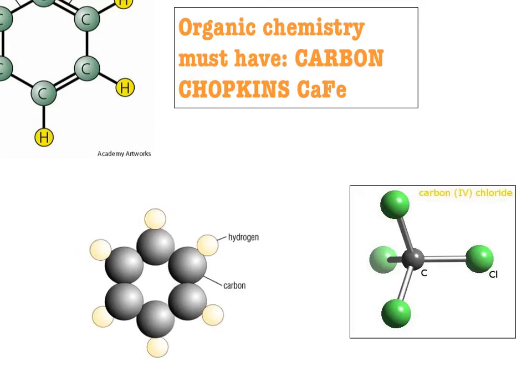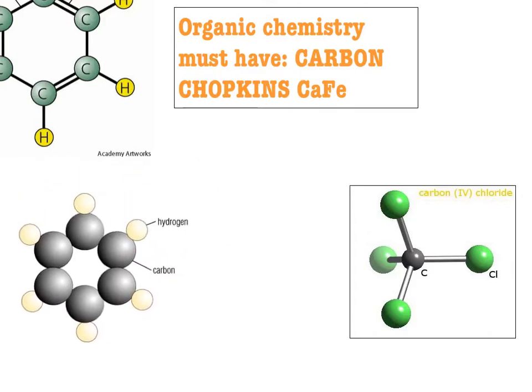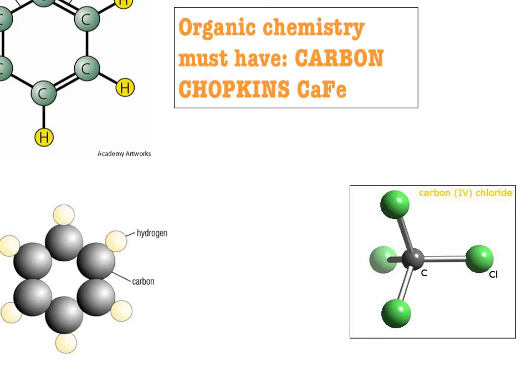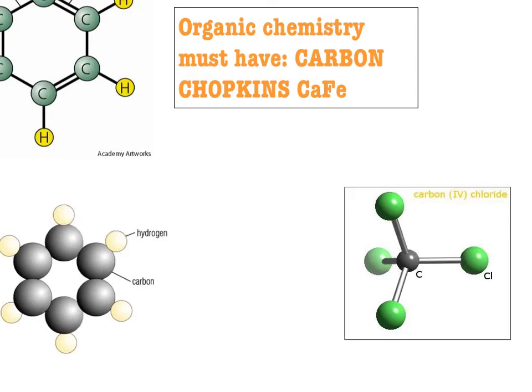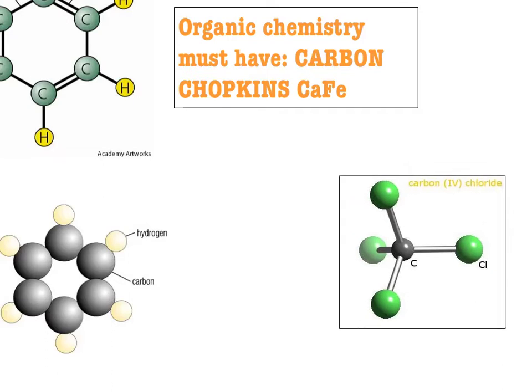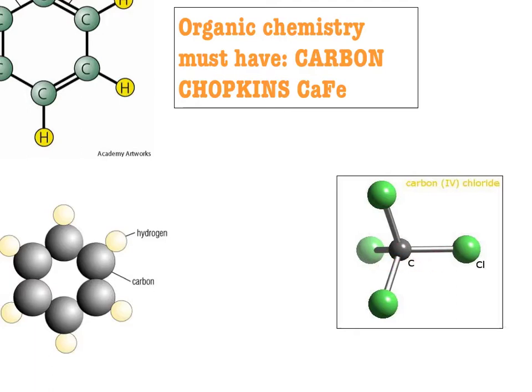You see carbon next to the hydrogens. So again, this example would be organic. Here we see carbon again in the center. This would also be an example of an organic molecule.